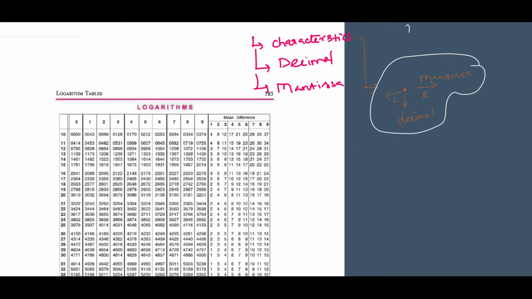When you are representing the characteristic number, always we have to follow: before the decimal, how many non-zero digits are there. Take that as n. When making the characteristic, we subtract 1.